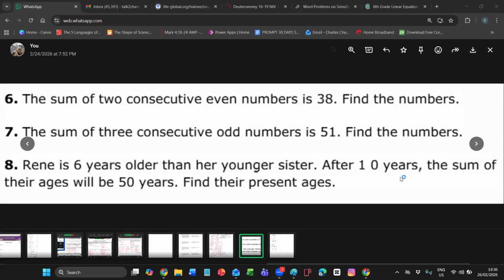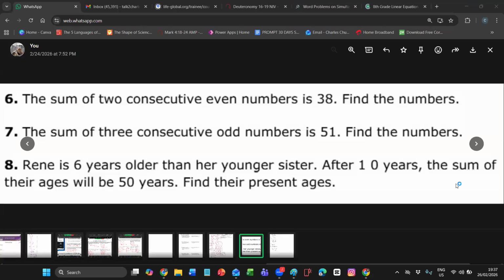Okay, nice. So while the other one is loading, that first one, that's number six now. I'm referring to number six as the first one.